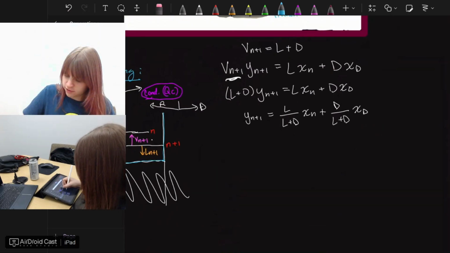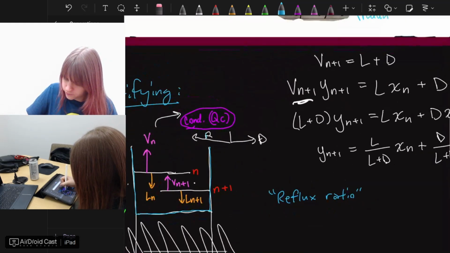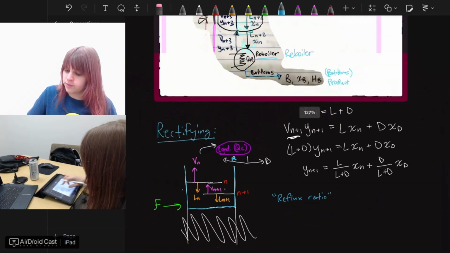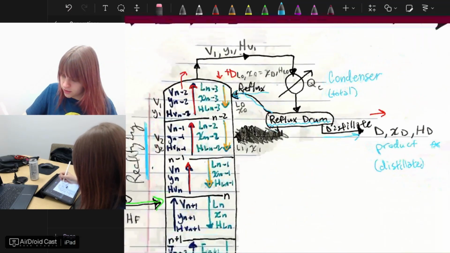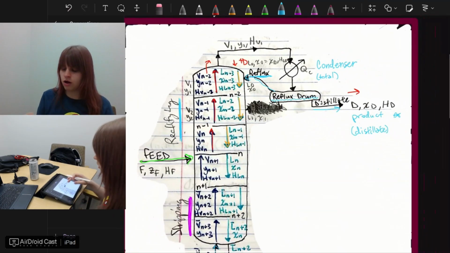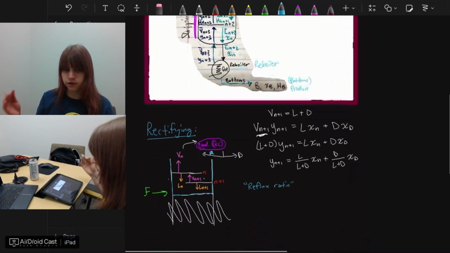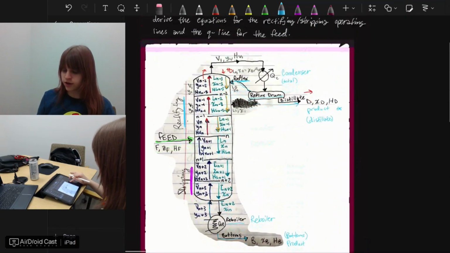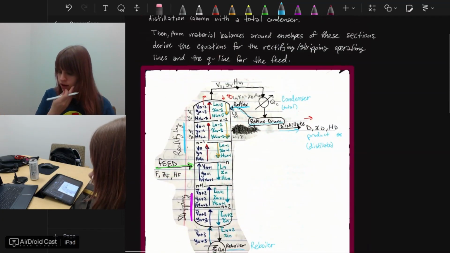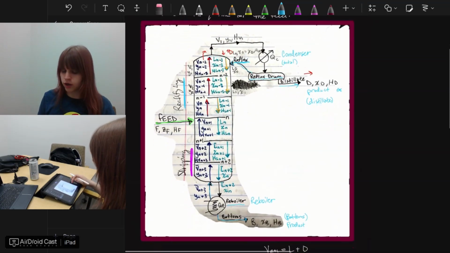And then something else I want to define is the reflux ratio. As we talked about, the reflux is right here. In my previous diagram, it was right here. So that is what you reflux back into the column, basically to continue driving the reaction the way you want it to go. If you took out absolutely everything from the top into distillate, it just would not run very well.